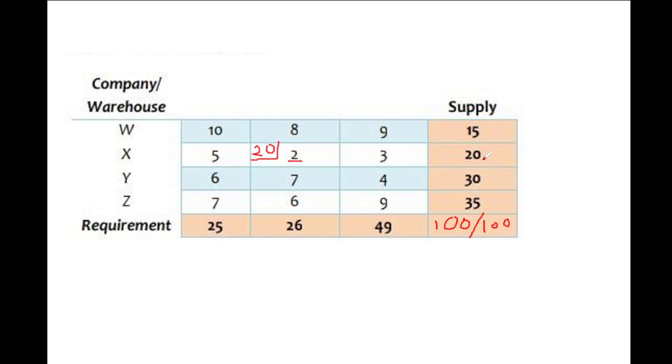So 20 minus 20 is 0, and 26 minus 20 is 6. Now since this 0 is achieved, this line is exhausted. The supply for this X row is exhausted. So that's why we have exhausted this line.